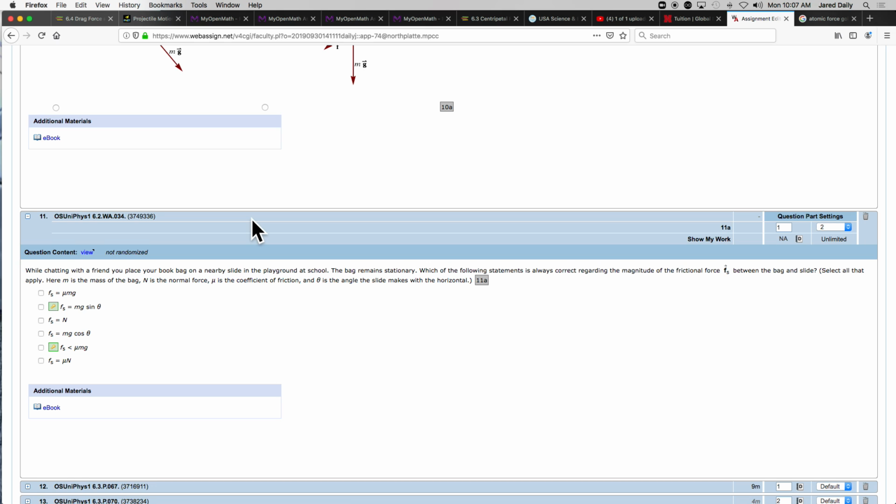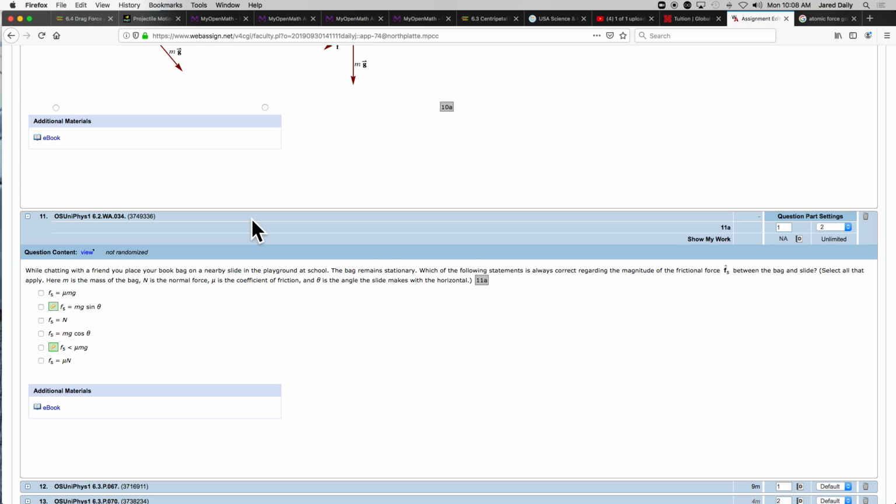So it's not equal to that. Now, the other one, did this say this was on a slanted line? Yeah, it says it's on a slide. So then the other one that's always going to be true is, if you look through all of these choices, frictional static equals mu mg. Well, that one's not going to be true, because if you have m times g, you're not including the angle in that, right?